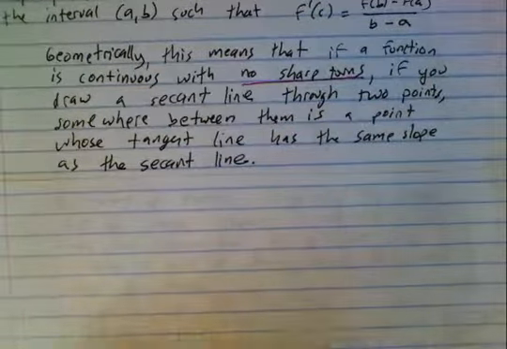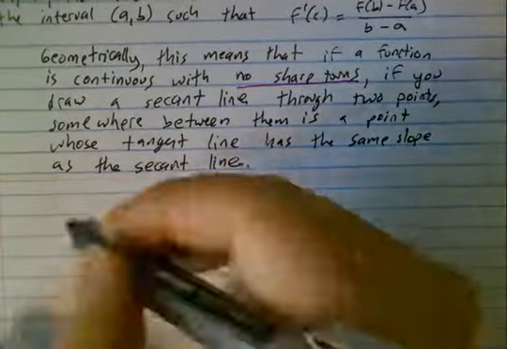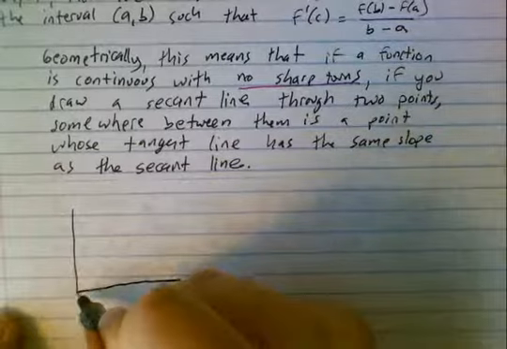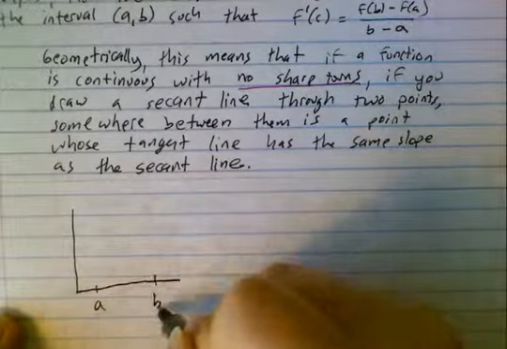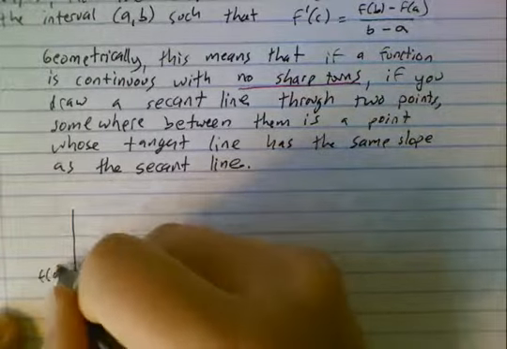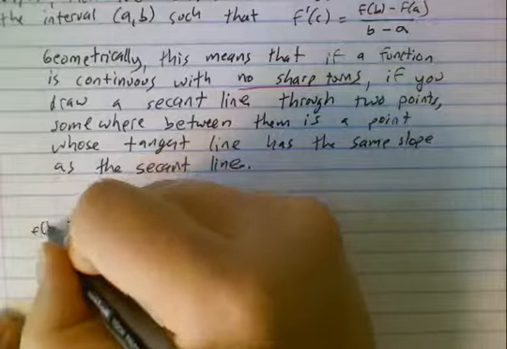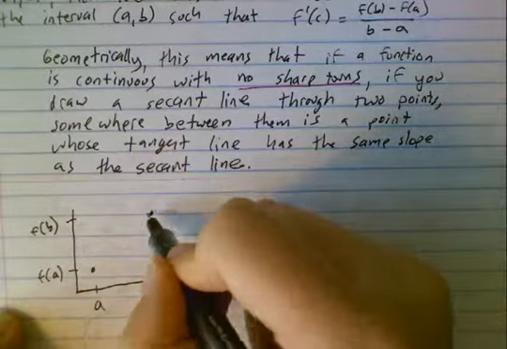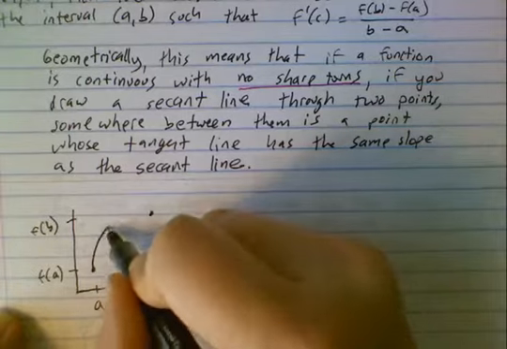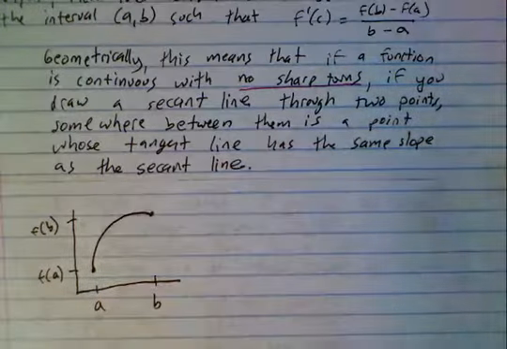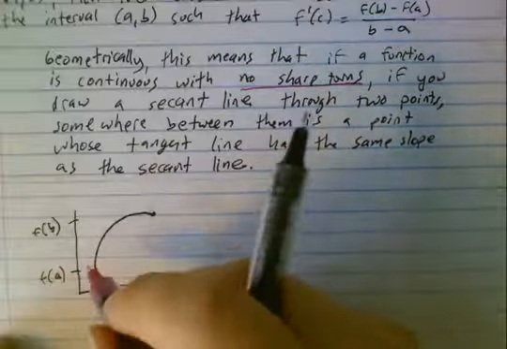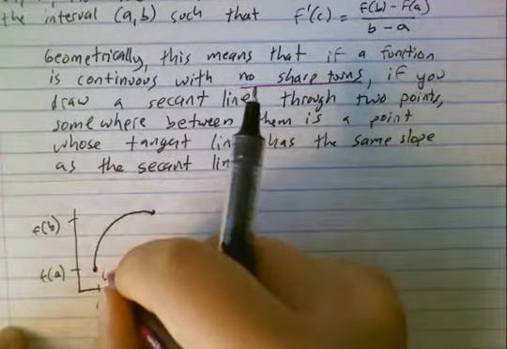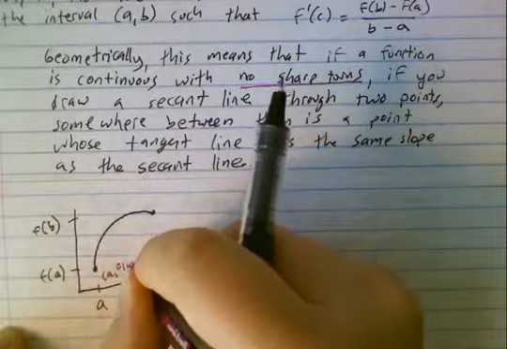Here's what this looks like. Let's say we've got our little function. Here's a, here's b, f of a, f of b. And there's a nice smooth curve like that. This point we know is the point a comma f of a.